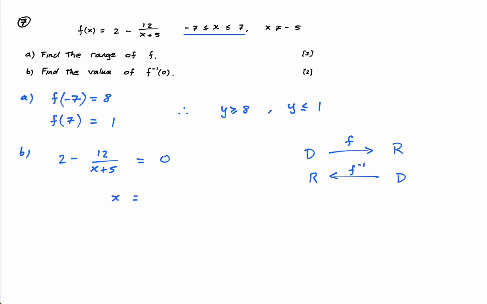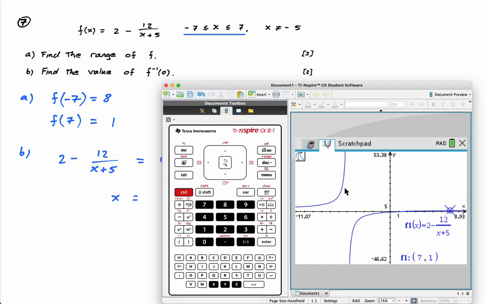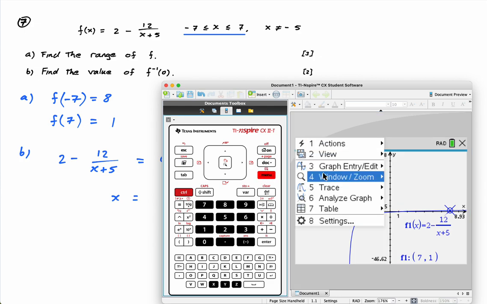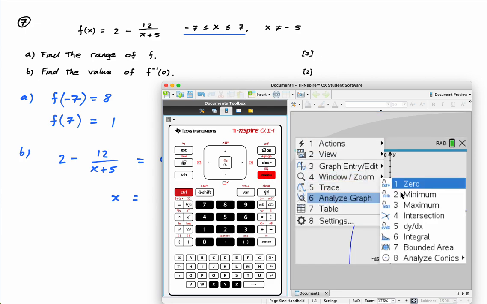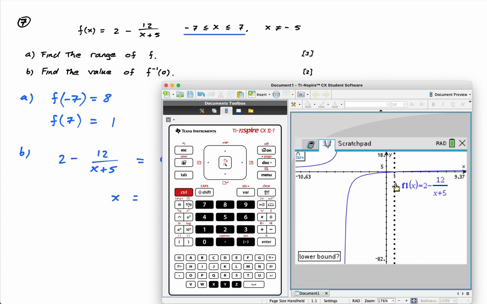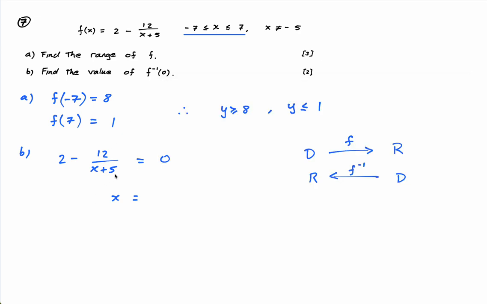We can solve it just by solving this equation here. We need to find when y equals 0. That's going to be here somewhere. The best way to do that is analyze graph, zero, and then the lower bound, upper bound thing, and it's actually equal to 1. So x is equal to 1.